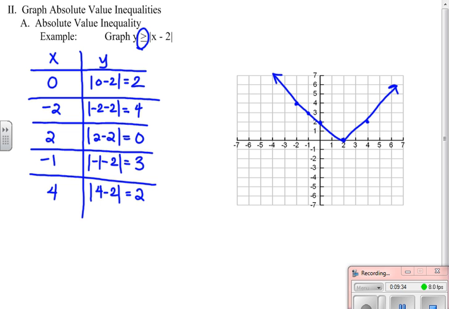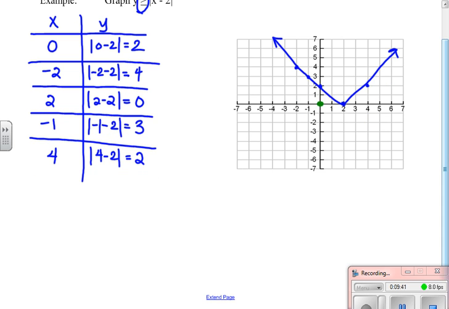And now I have to see again, do I shade inside or out? So my method of testing a point, I'm going to test with 0, 0. Is 0 less than or equal to the absolute value of 0 minus 2? So I insert 0, 0 for x and y.